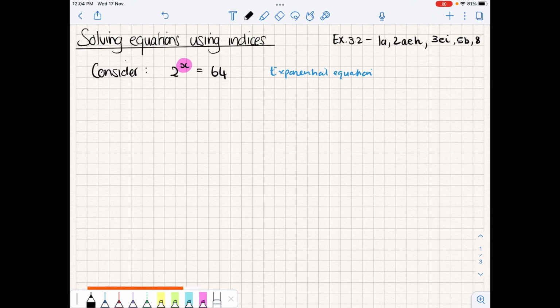Just to recap how we solve simple exponential equations: we need to look at the bases that make up the two sides of the equal sign. To solve an exponential equation, we need to equate both sides with the same base. I already have this in its smallest base, 2 to the x, and I want to change 64 into base 2.